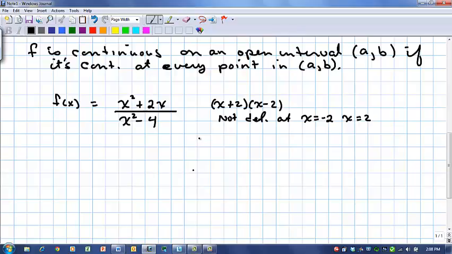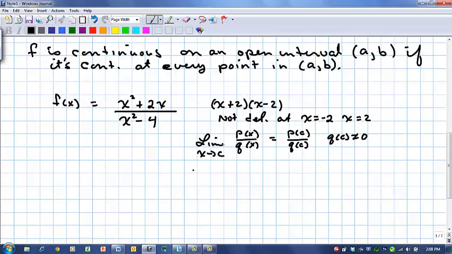And remember that for a rational function, if we look at the limit as x approaches c of p of x over q of x, this is just equal to p of c over q of c, as long as q of c is not equal to 0. We've already eliminated the two points where q of c is equal to 0.